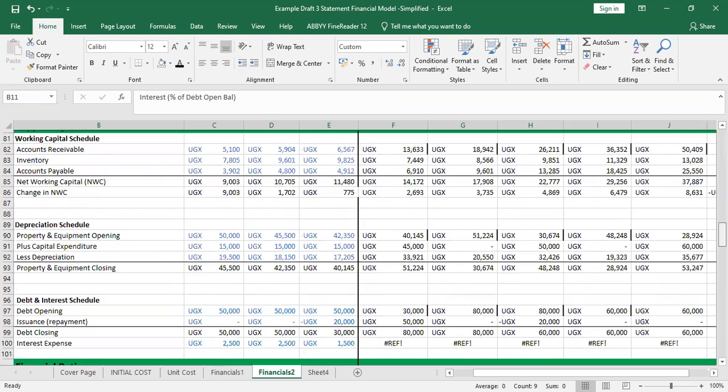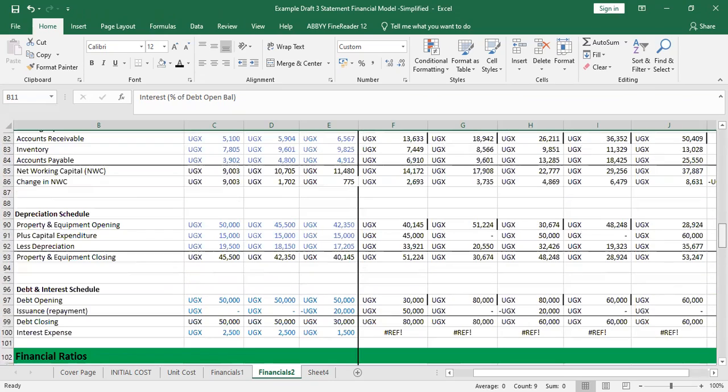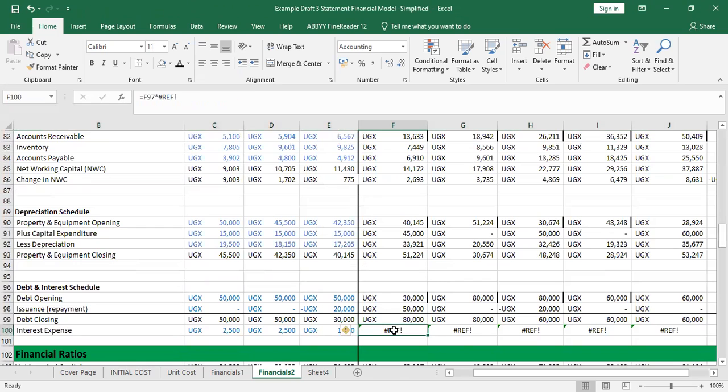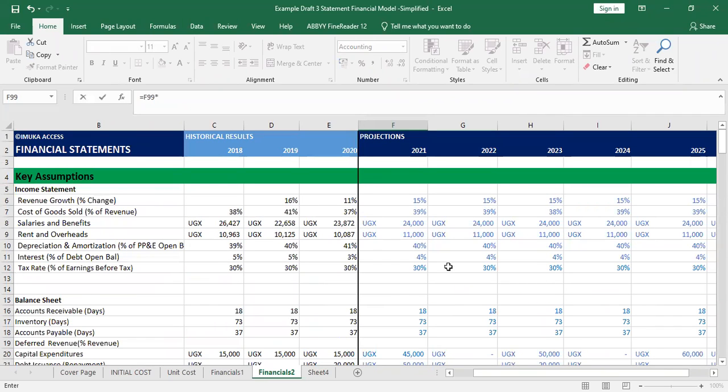Let me just pick. So when we go to our debt, it just calculates, based on this debt, what is the interest we expect to pay? So I'll just pick the debt multiplied by the interest on debt, which you already assumed here.